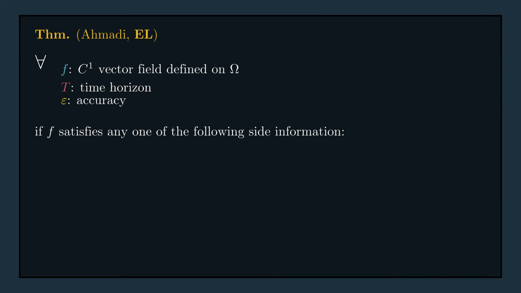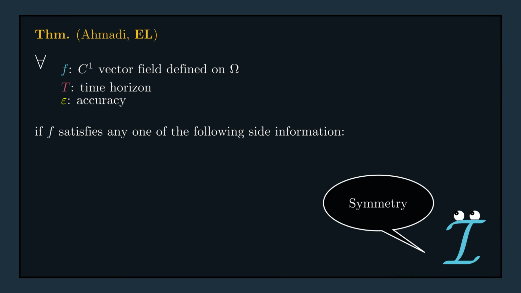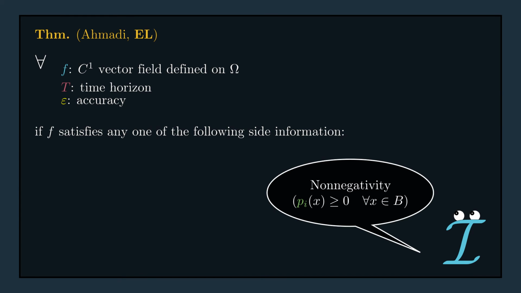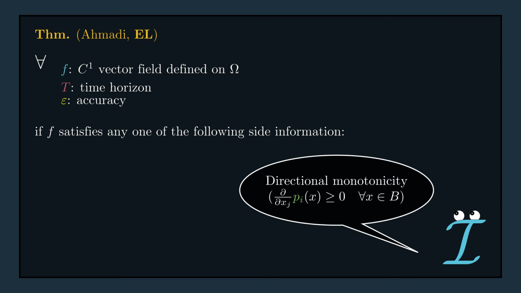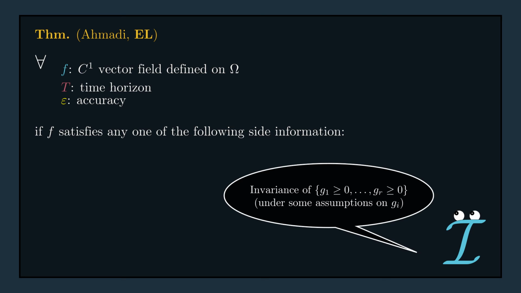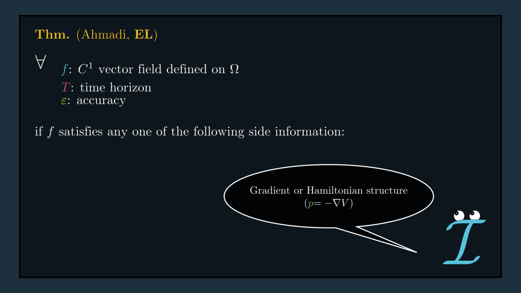For any vector field f that is continuously differentiable and defined on a compact set omega, for any time horizon that you care about, T, for any accuracy epsilon, if f satisfies any one of the following side information that I'm going to list now: equilibrium points, a symmetry condition, non-negativity of some components of the vector field, non-negativity of the partial derivatives of some components of the vector field, invariance of some given set under some condition, a gradient or Hamiltonian structure.